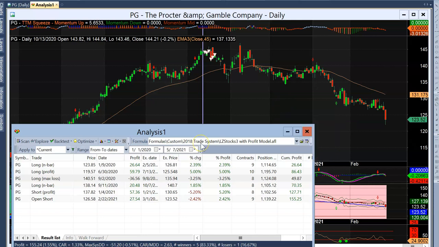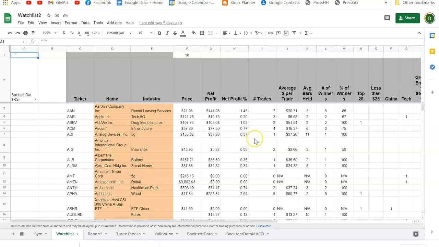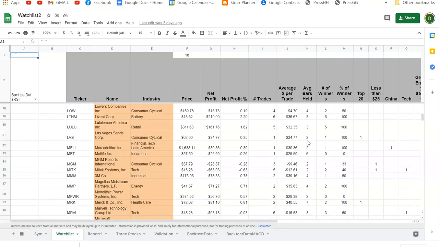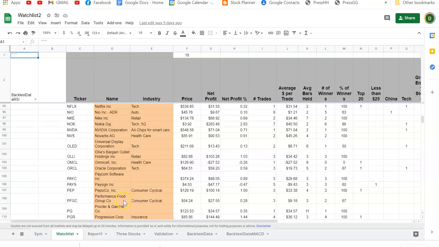You would choose stocks that work well with these indicators, and that's what I've done. I've created a basket full of stocks that work well with these two indicators, and I did a back test to make sure. And Procter & Gamble is one of those stocks. And this is my watch list of 180 stocks plus, and Procter & Gamble always has been one of my favorites. And there it is.